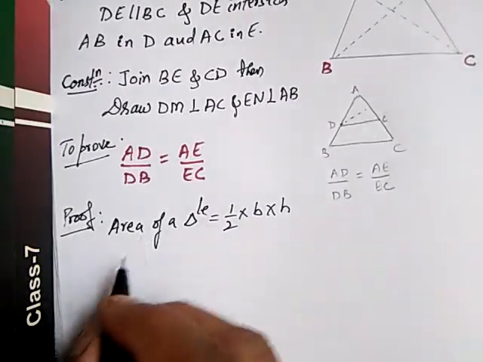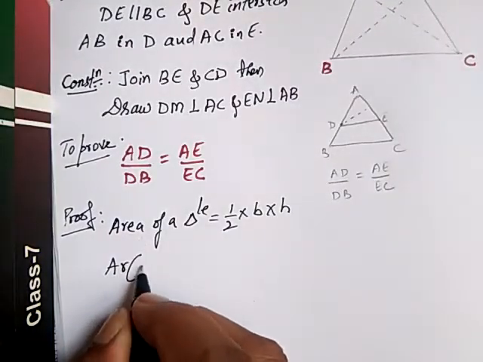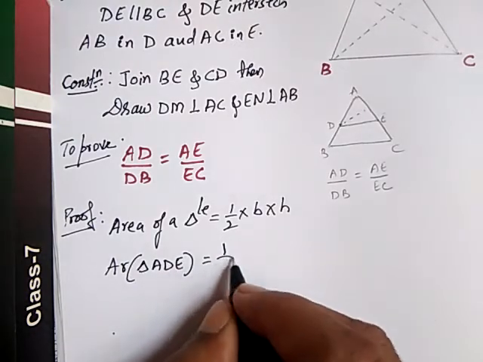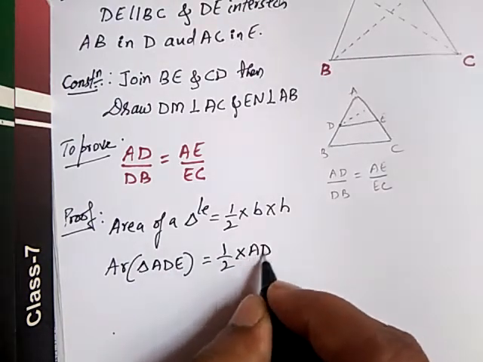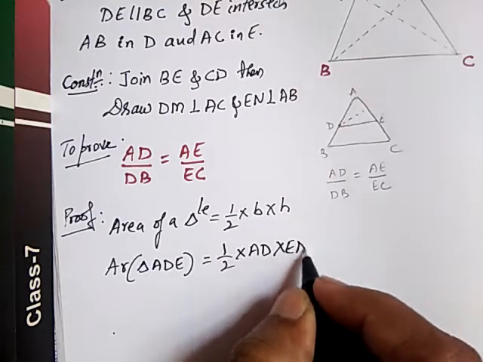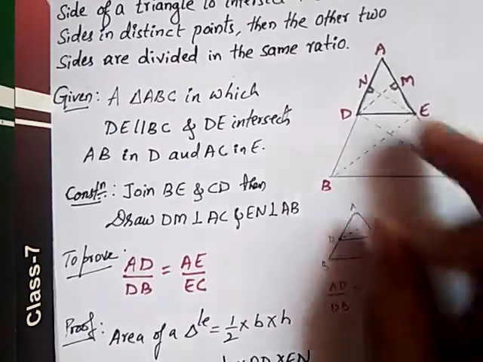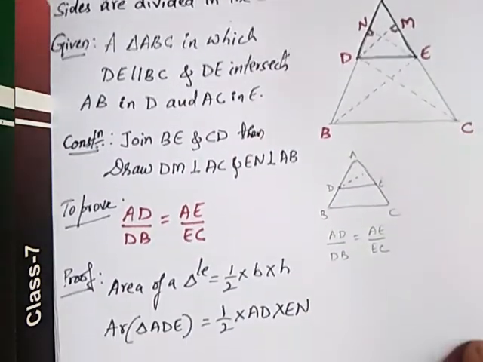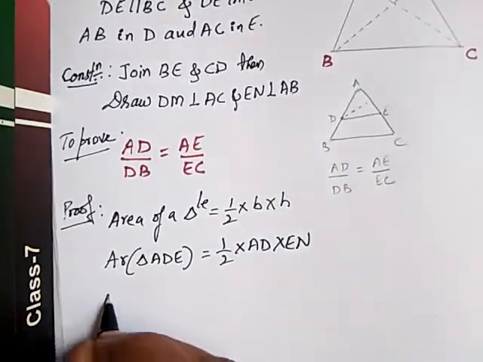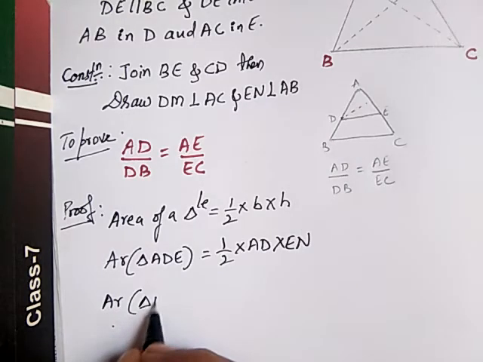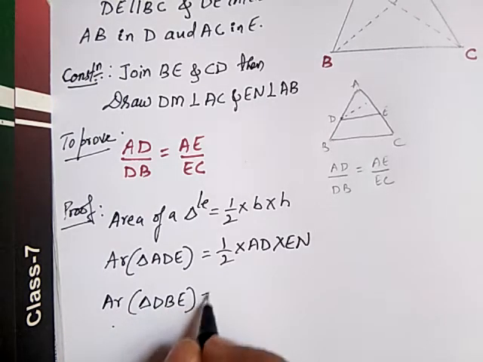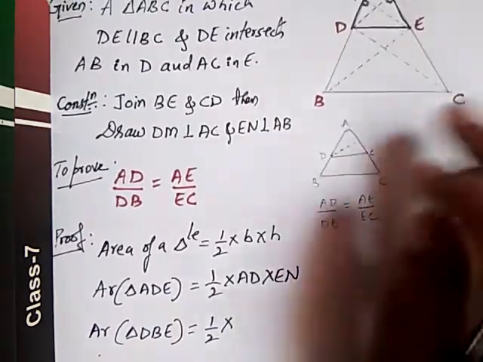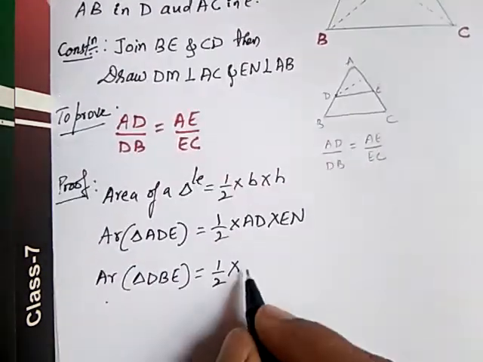So I will apply area of triangle ADE: half into base, which is AD, and height, which is EN. AD will be the base and EN will be the height. In the same way, I will apply the area of triangle DBE. Same, half as it is. What is the base here? From here to here it will be BD, and the height will be the same.